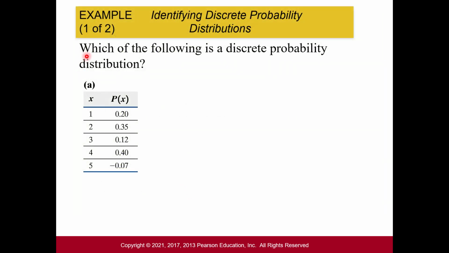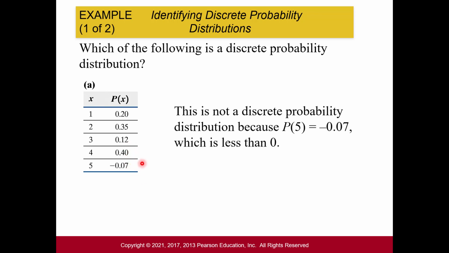So next example, which of the following is a discrete probability distribution? Here's a table, for example, and notice it has values for our random variable. It has probabilities of that random variable. But it's not a probability distribution because of this last one right here. Remember, probabilities are always between 0 and 1.